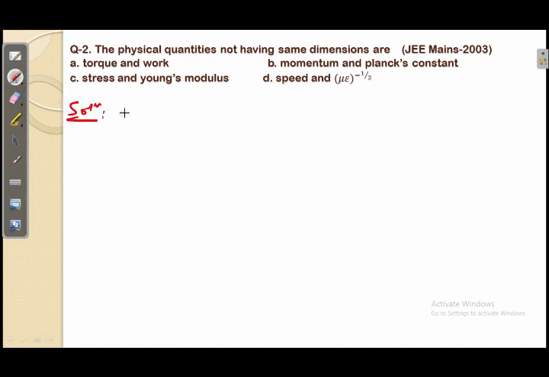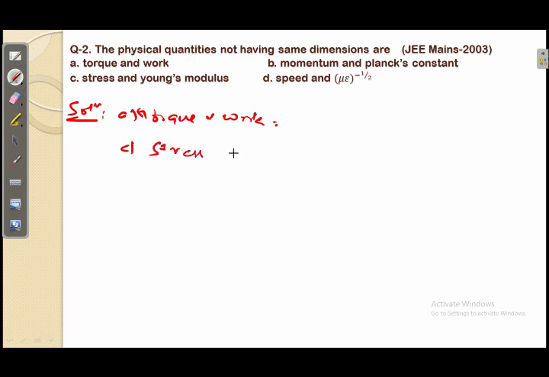Come to the first option, that is torque and work. In the previous video I have solved this question. Torque and work have the same dimension, so option A is wrong. Let's come to option C, not B. Option C: stress and Young's modulus.